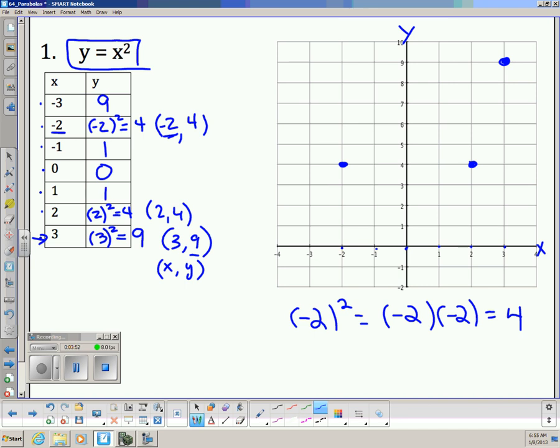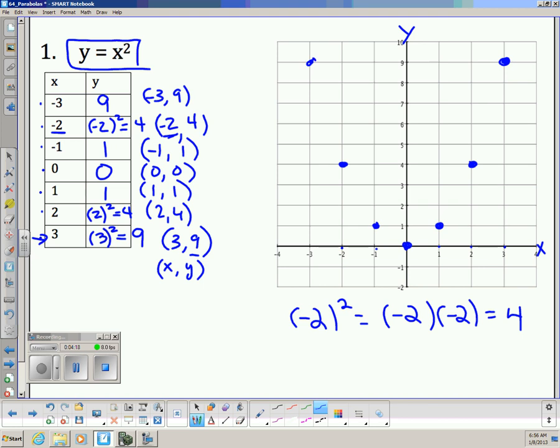And now you can plot the corresponding points. So negative 3, 9, negative 1, 1, 0, 0, 1, 1. If you plot those points, you'll get negative 3, 9 up here. So you should probably pause and do this. Negative 1, 1, 0, 0, 1, 1.